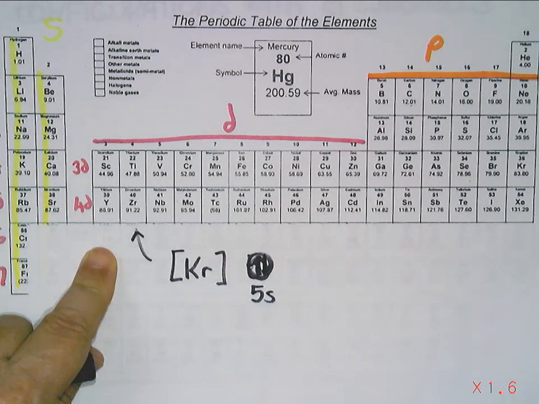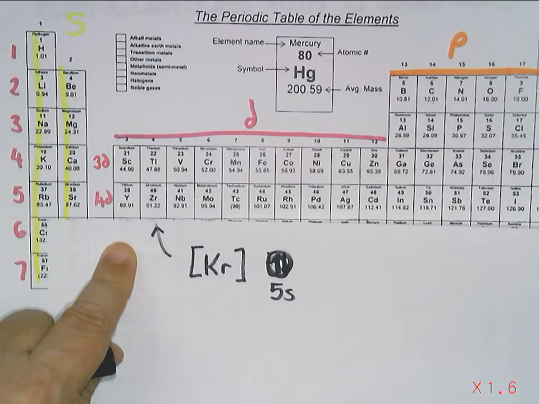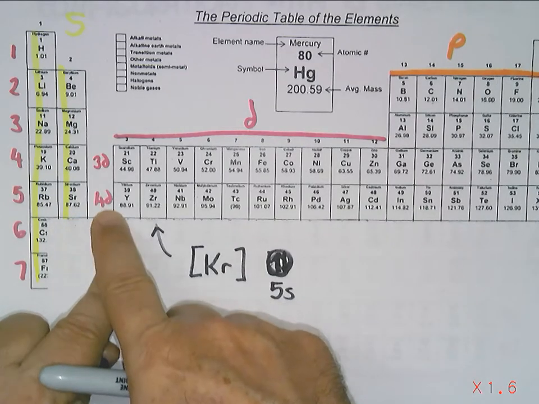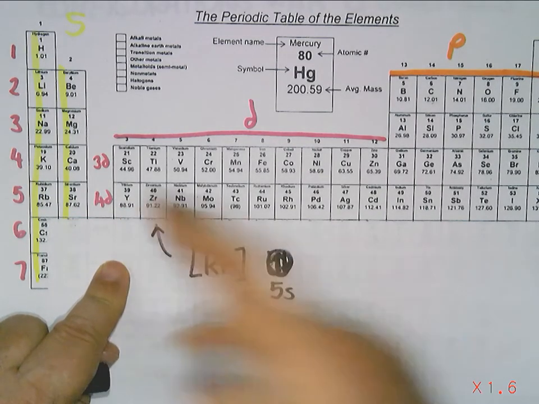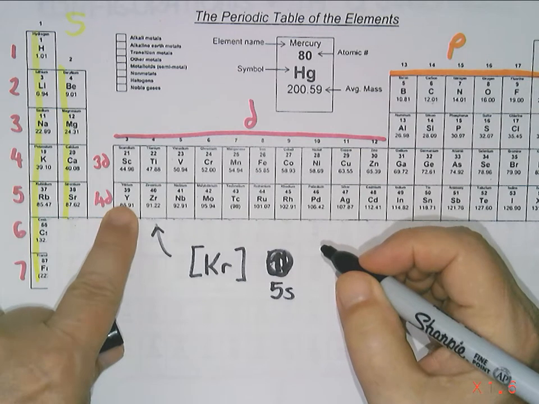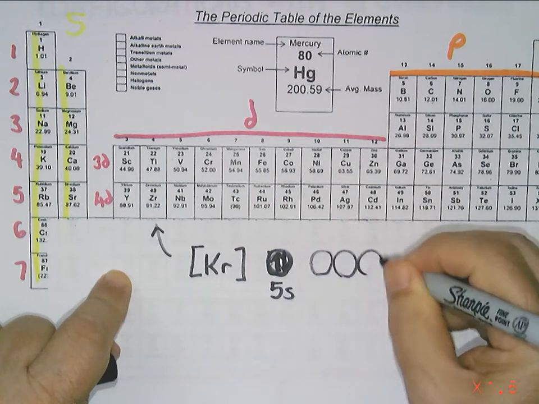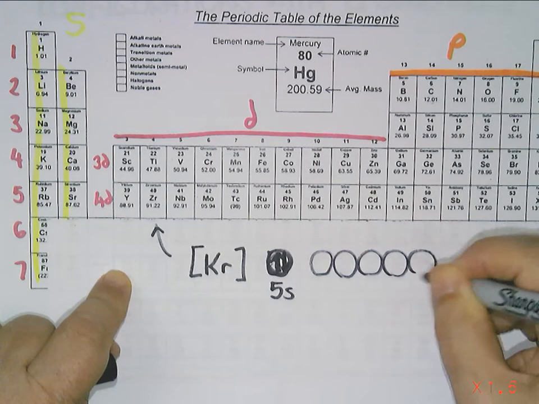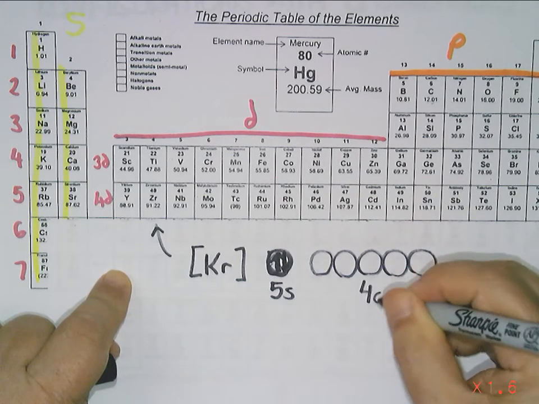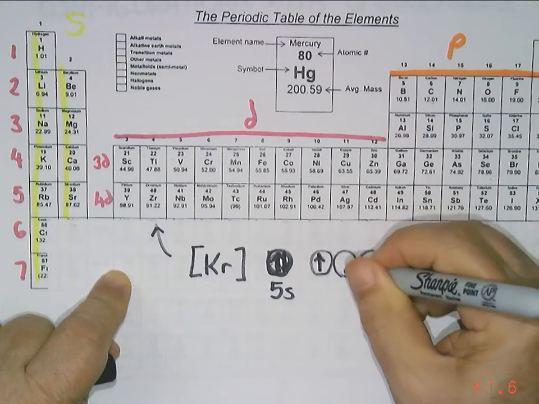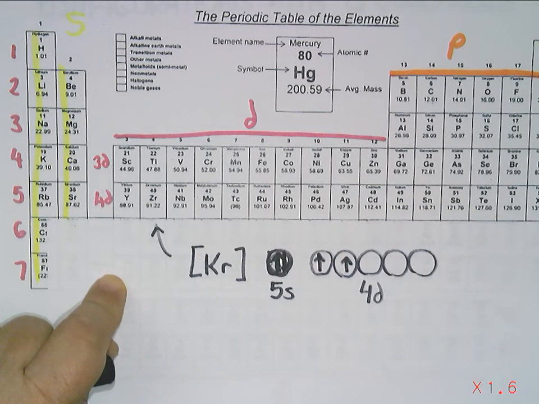So this is row 5, and the Ds have one less than that. This is 4D that you're filling up here. 4D1, 4D2. So there's a zirconium atom.